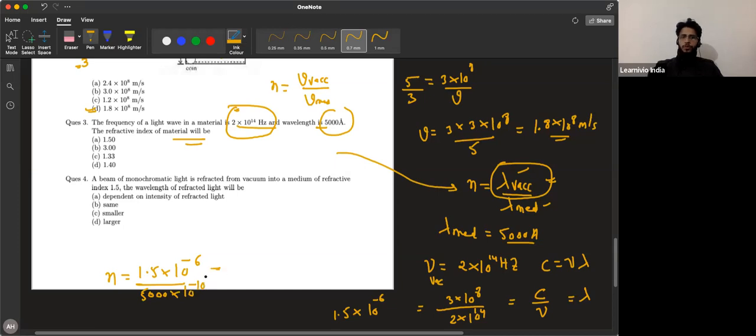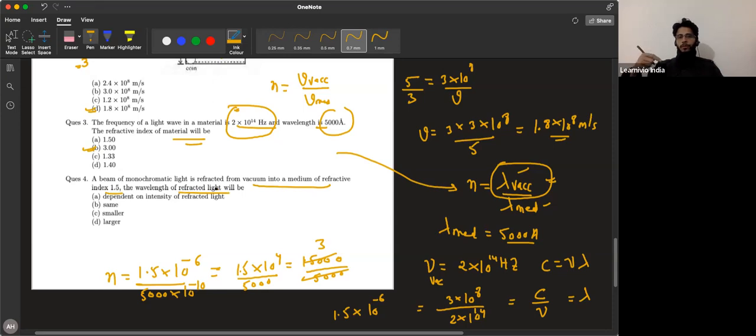So this will go up and it will be 1.5 into 10 raised to power 4 by 5,000. So it's 50,000 by 5,000. It gets cancelled out, it's 3. So the answer is this. Fourth part: a beam of monochromatic light is refracted from vacuum into a medium of refractive index 1.5. The wavelength of the refracted light will be?